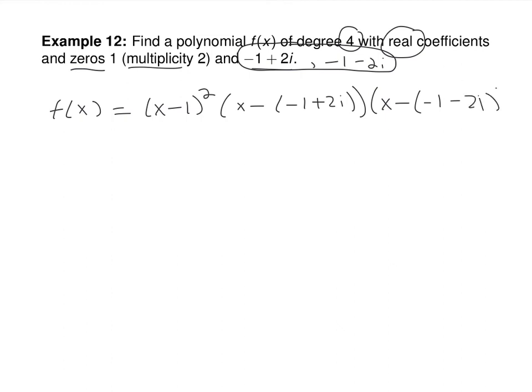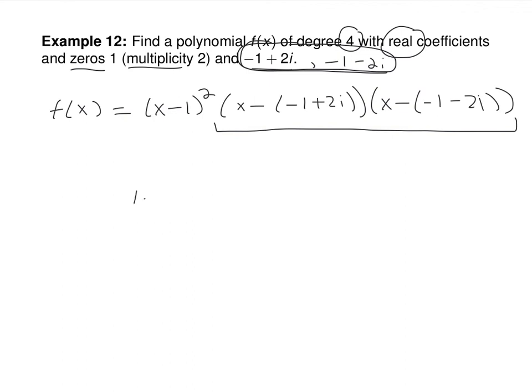Yep. And I'm not positive, but if you were asked to multiply that together, the smart thing to do is to do those two by each other first, because then the i's will cancel like they did in that previous example that we had. Okay, but the kicker is that if I give you one thing that has an i, the other one with the opposite sign is also a 0.